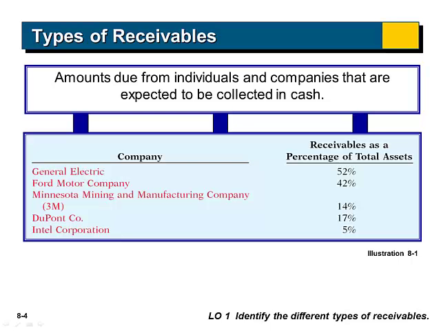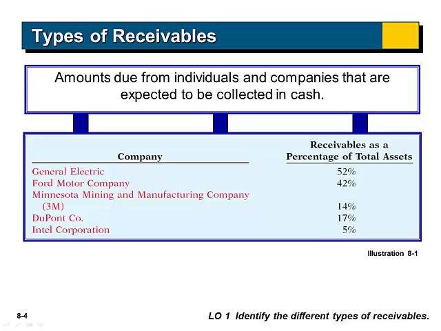And this is a slide that just shows receivables for these different companies, these companies that we've heard of before, and their percentage of total assets. Some companies have a very large amount of receivables, outstanding receivables, as a percentage of their total assets. General Electric, more than half of their total assets are receivables.